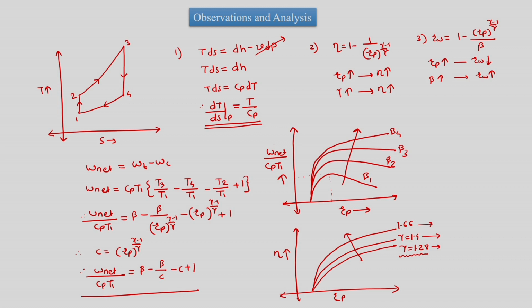And thus we have seen how to deal with the ideal Brayton cycle or air standard Brayton cycle, how to evaluate different state variables and performance parameters, and what the observations are from their derivations. We will see the next things in the next classes. Thank you.